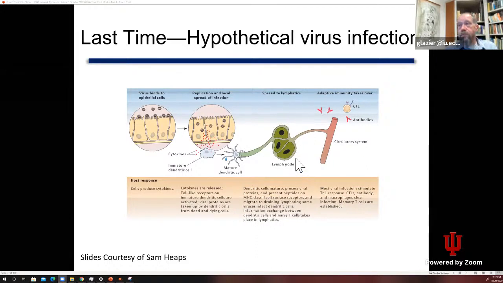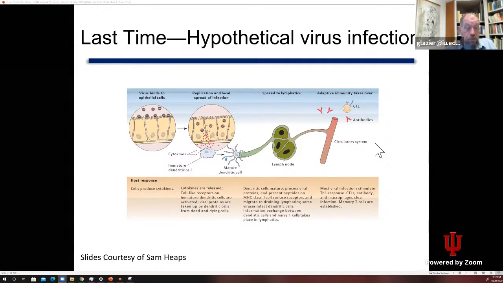Once in the lymph nodes, they stimulate production of T cells, targeted T cells that will target the virus, and also B cells which produce antibodies. And then those cytotoxic T cells, the CTLs, and the antibodies are returned via the blood to the tissue.